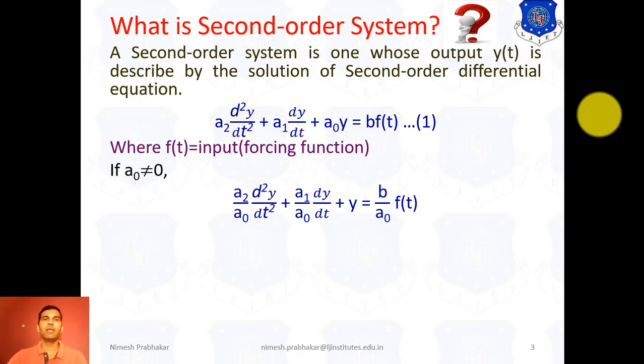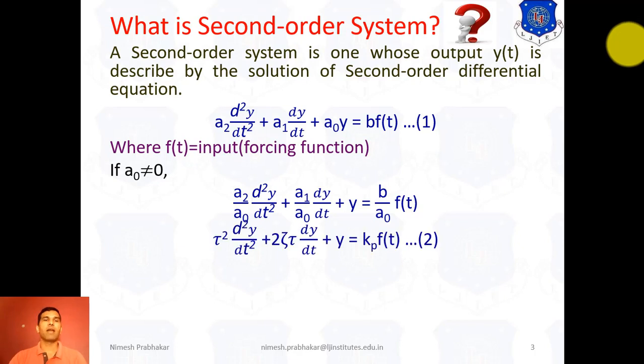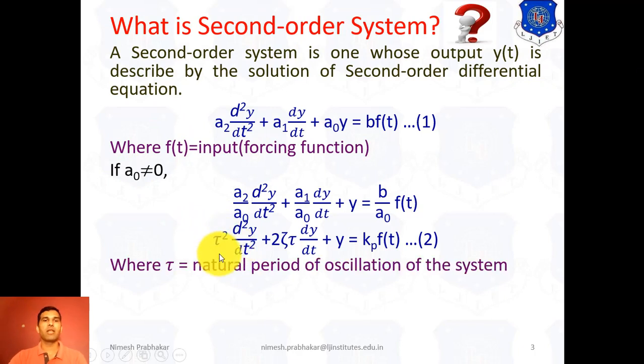Here we divide the whole equation by a0, and we can write this equation as tau square d square y by dt square plus 2 zeta tau dy by dt plus y is equal to Kp f of t. Here tau represents the natural period of oscillation of the system.